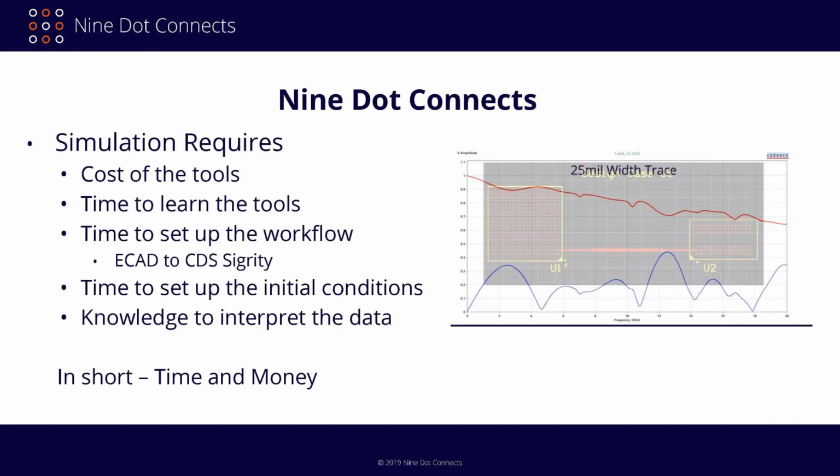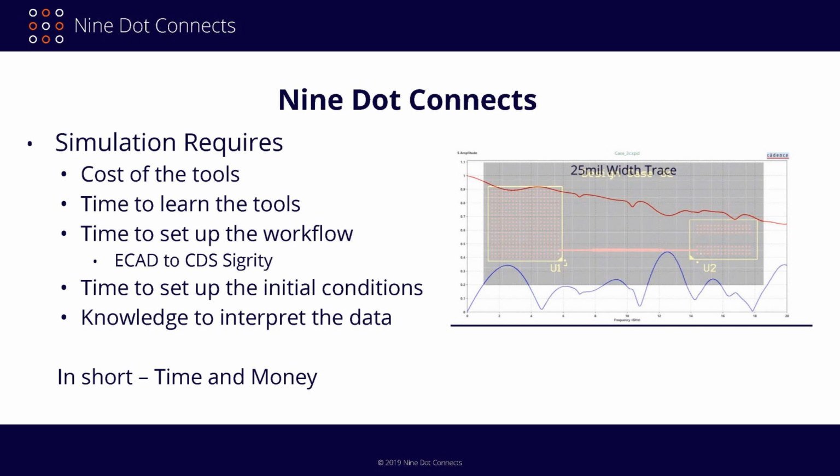What does simulation require? Well, Tom kind of gave you a hint as to what we've seen is necessary. Number one, there's a cost of the tools. Secondly, there's a time to learn these tools. They're not necessarily simple out-of-the-box solutions. And then there's also a time that's necessary to set up a workflow. What you probably didn't see is the amount of time and energy that is necessary to take something from any ECAD tool and to bring it into the Cadence Design System Sigrity tool here.